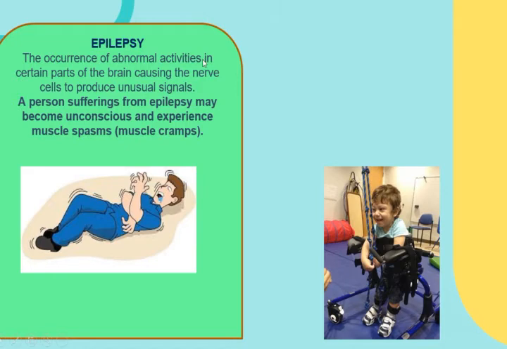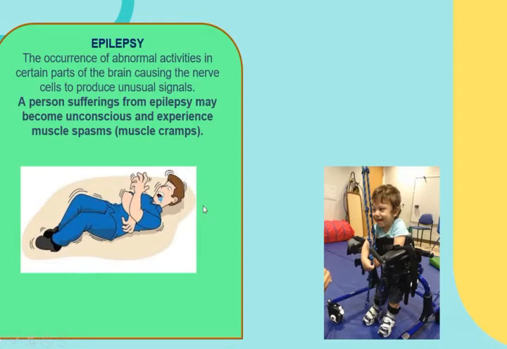A person suffering from epilepsy may become unconscious and experience muscle spasm or muscle cramp, because of the abnormal activity in certain parts of the brain. So this is referred to epilepsy.